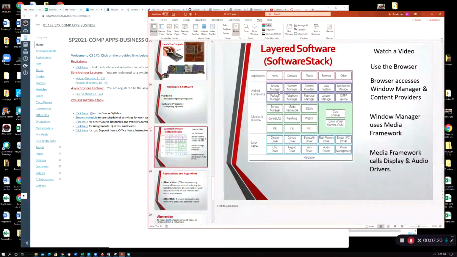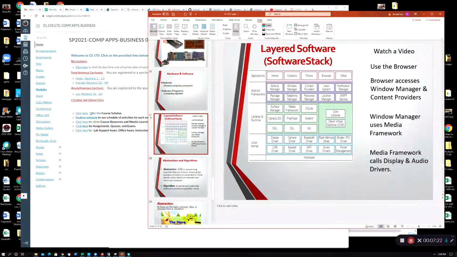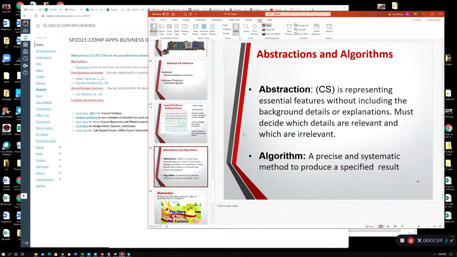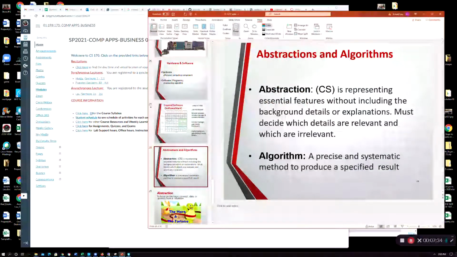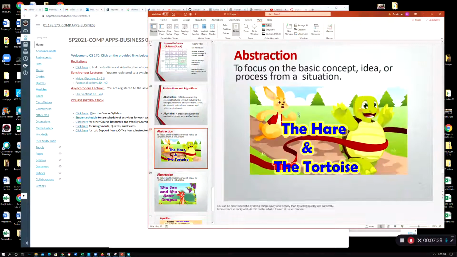So when you look at abstraction, it's this idea of allowing you to use something without fully understanding all of the different details. And then there's algorithm, which I'll step into in a second. There are a couple of examples here.